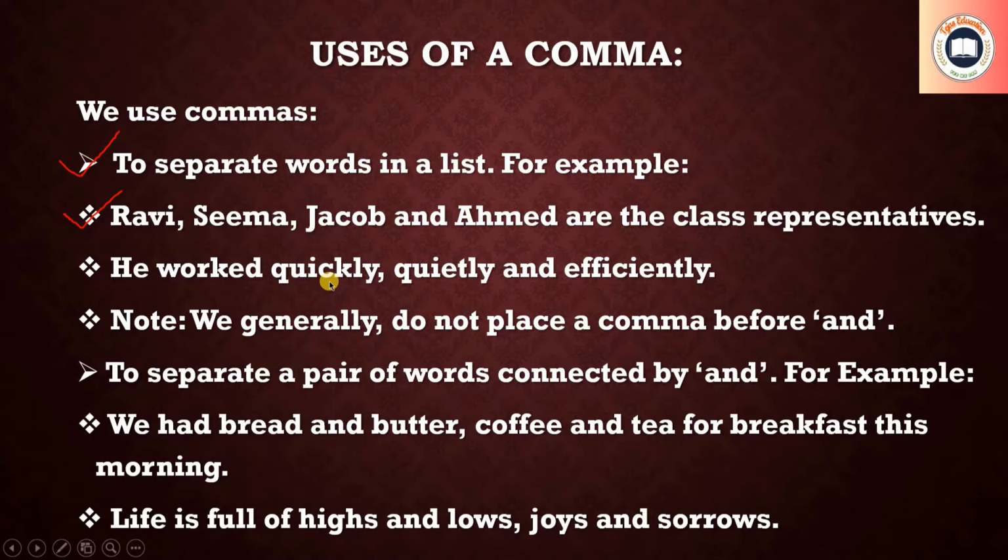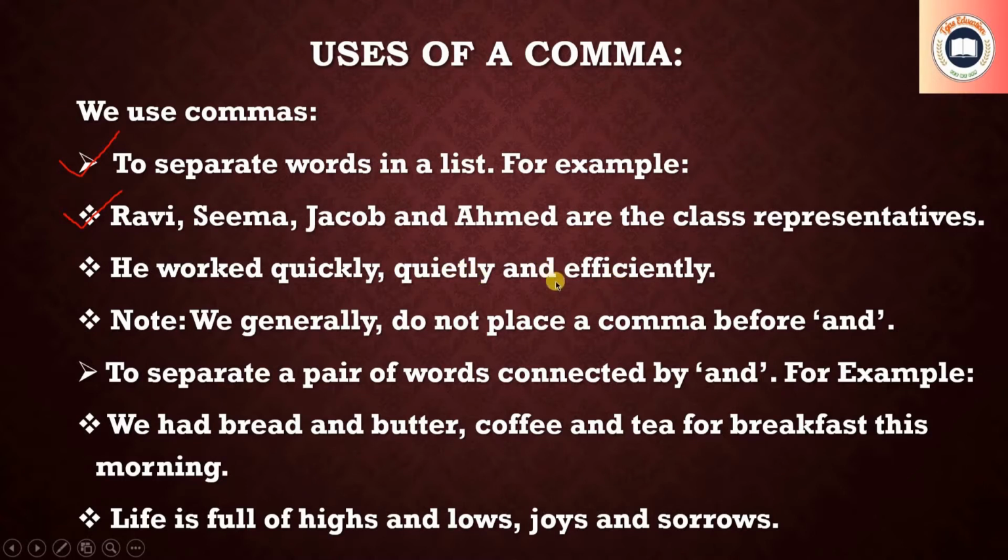Quickly, quietly and efficiently. To make a short pause between each of these words, I have used a comma here, and I have used commas to separate the words in this list. Quickly, quietly and efficiently. I have used comma to separate the words.